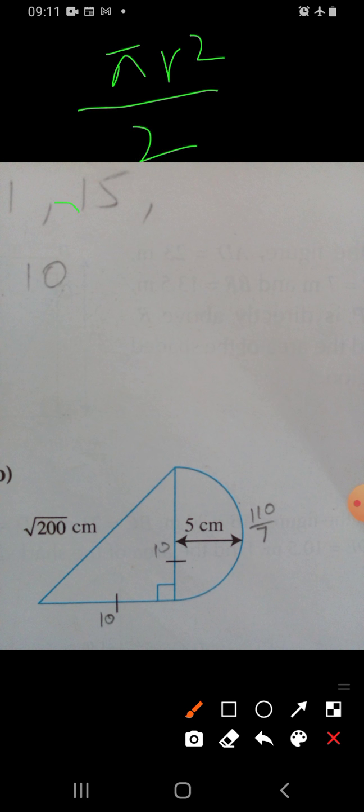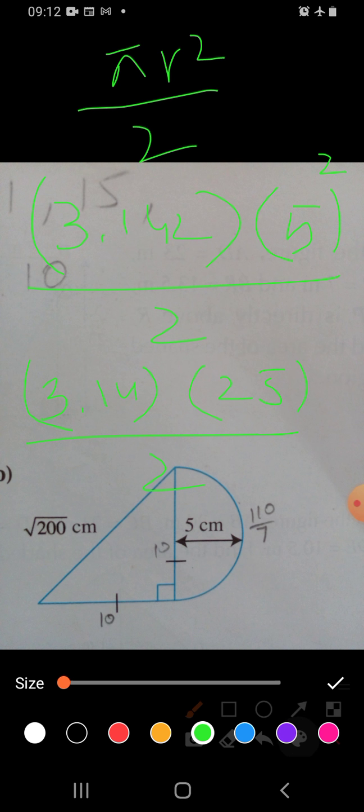Pi value is 3.142 and the value of r is, we know, 5, so 5 square upon 2. So this is going to become 3.14 times 25. 5 square is 25, upon 2.